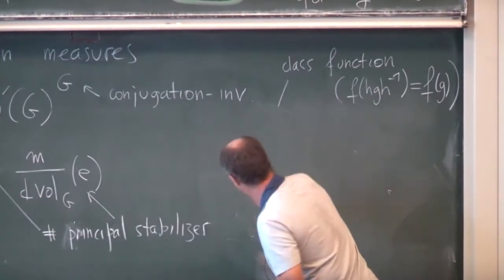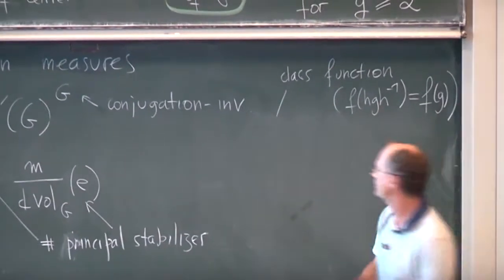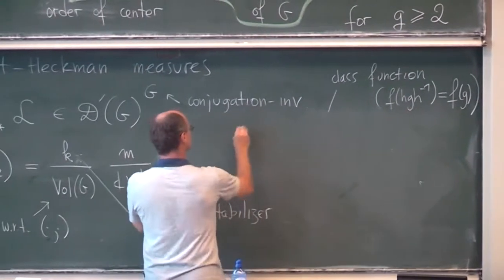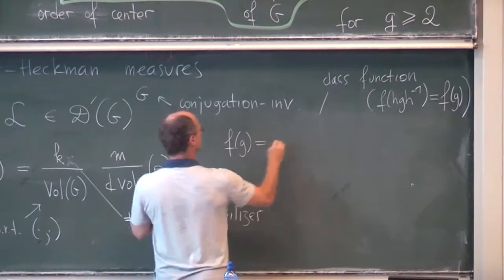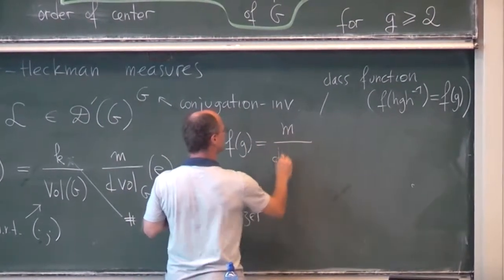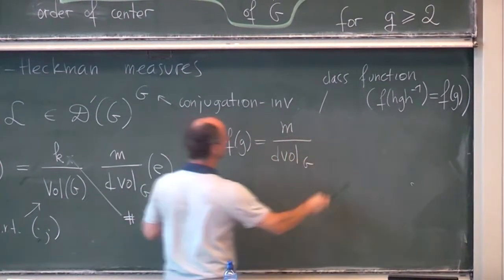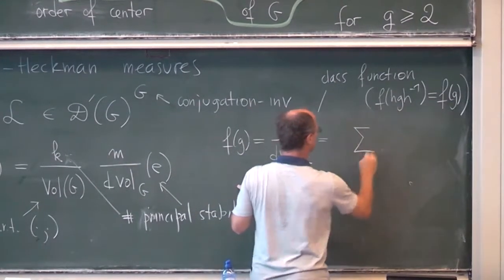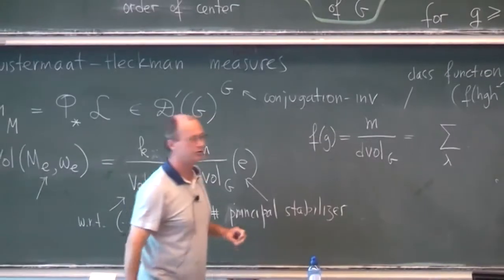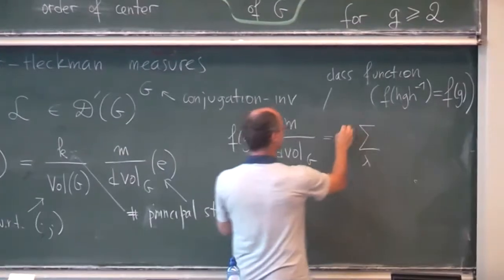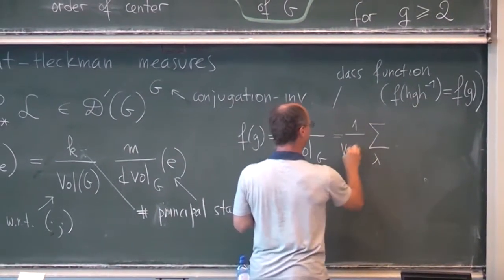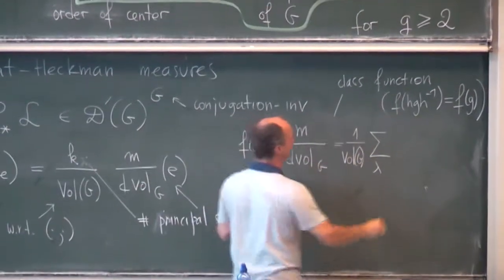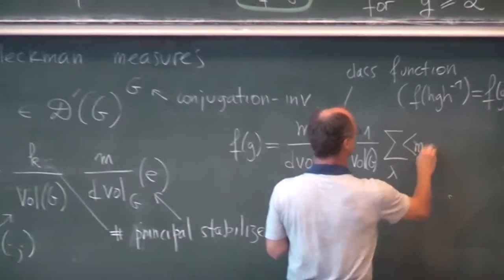So we can write, so this f of g, this is the Radon-Nikodym derivative, and we can write the Fourier transform formula for it in terms of characters of irreducible representations.